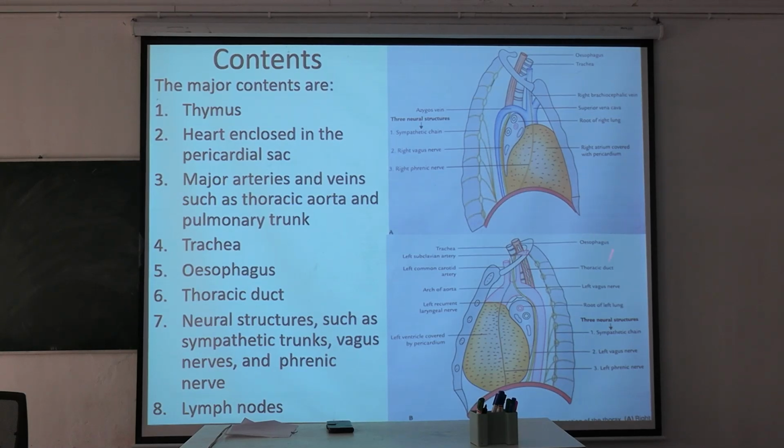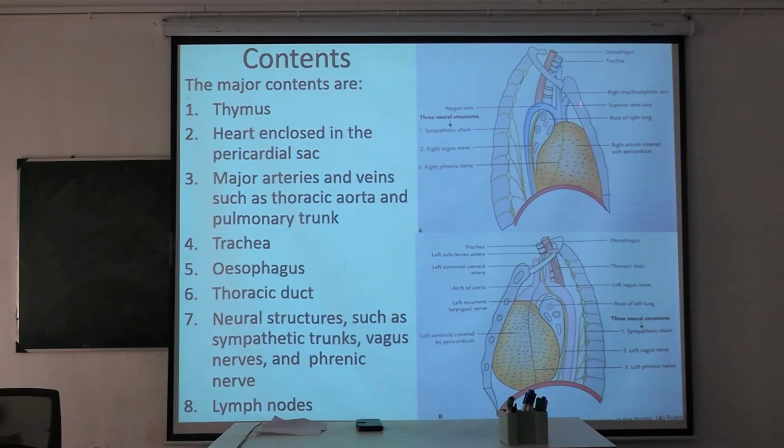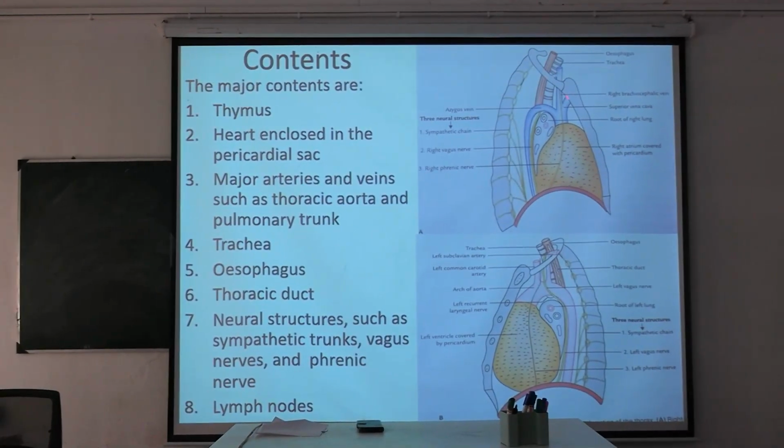Okay, so here you can see the structures along on the two sides of the vertebral body. This is sympathetic chain, splanchnic nerves. These are the azygos vein draining into the superior vena cava, two brachiocephalic veins joining to form the superior vena cava. This is phrenic nerve.